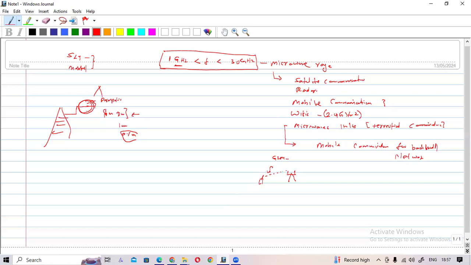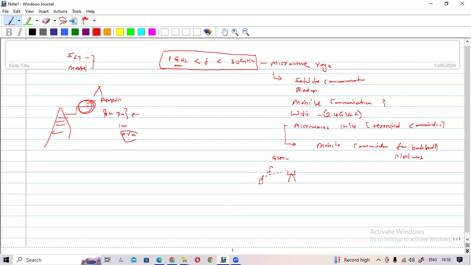There are many types, depending on the distance. If two links have a huge distance, we have to use a higher diameter antenna. Otherwise, we can use small diameter antenna.